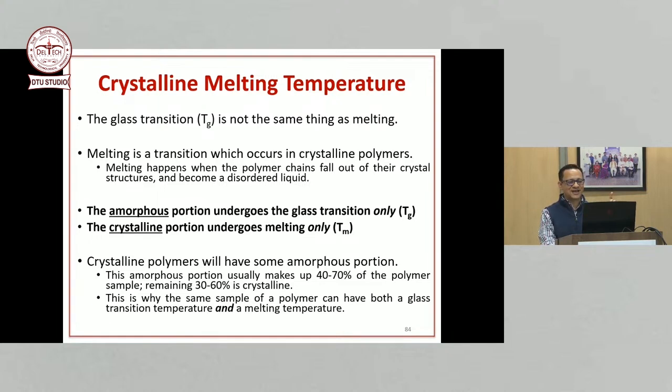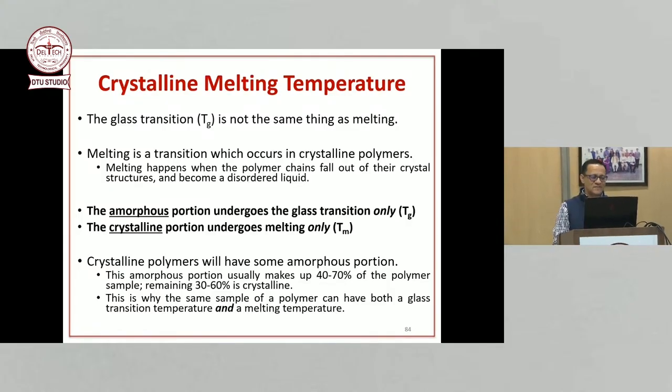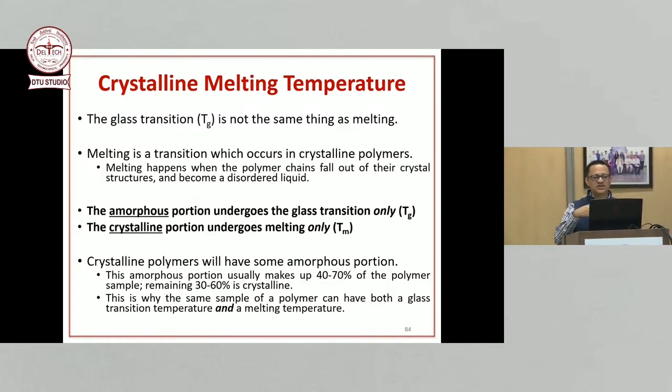Tg is not the same as melting. That's a different thing. Melting is a transition which occurs in crystalline polymers. Melting happens when polymer chains fall out of their crystal structure and become a disordered liquid. The amorphous portion undergoes Tg only, the crystalline portion undergoes Tm only.